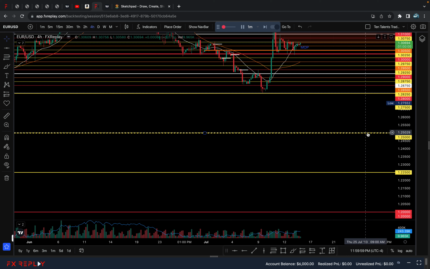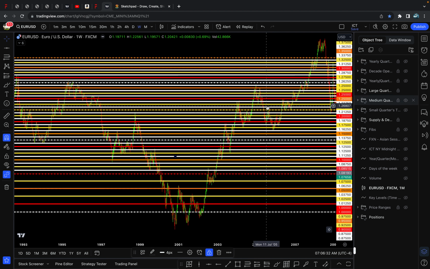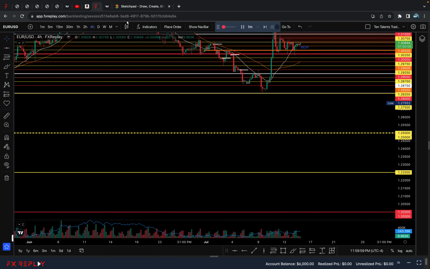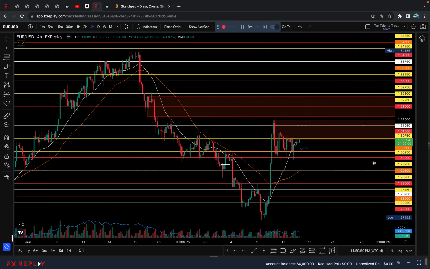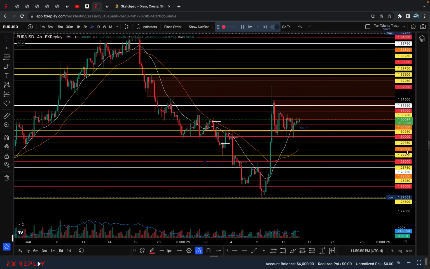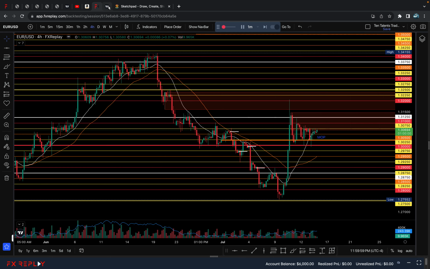That's 25,000, so that's your halfway level. That would be orange typically. Remember this orange level right here? That would be your halfway point. And this is the reason why I'm showing y'all all this, to understand the difference.